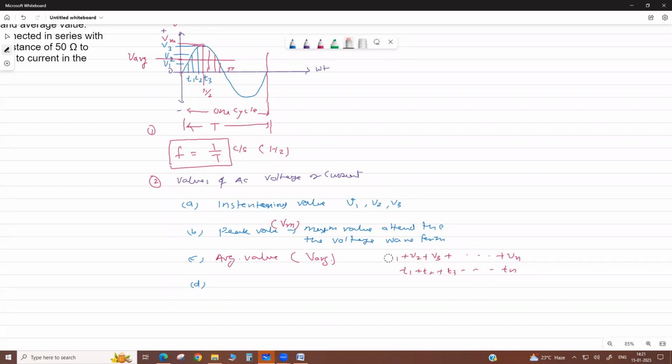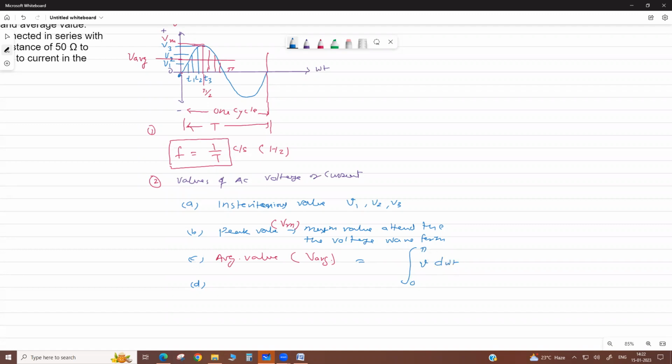Now it is difficult to add all the real values. So what do we do? If it is a curve, we integrate from 0 to pi. Integration means summation. So it is the integral from 0 to pi of v d omega t, which gives the summation. Then divide by the time period.